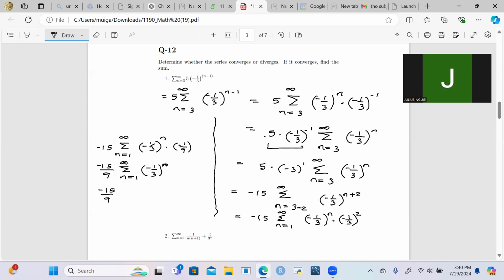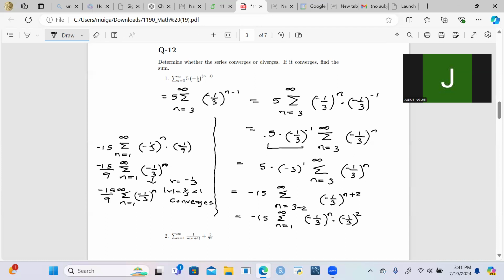Whatever is inside is our ratio, so our r equals minus 1 over 3. If the absolute value of r, which equals a third, is less than 1, this means that this thing converges. So we have the sum, n equals 1 to infinity of minus a third to the power of n.